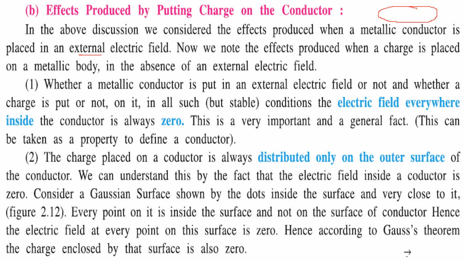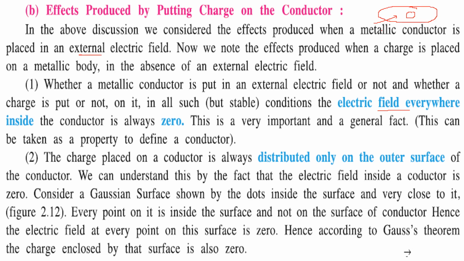So whether a metallic conductor is put in an external electric field or not, or whether a charge is put on it or not, in all these conditions, the electric field everywhere inside the conductor will always be zero. This is a general fact, and you can take it as a property that defines a conductor.